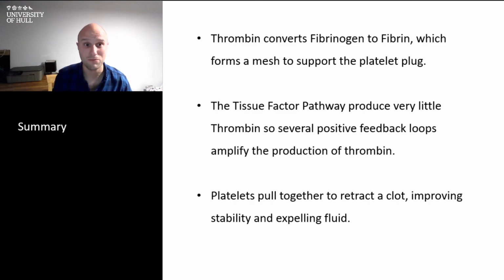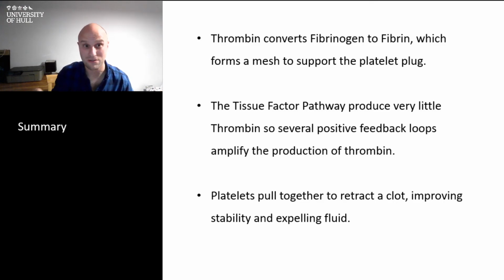So in summary, we've covered a lot of ground there. You'll recall that thrombin converts fibrinogen to fibrin, and that forms the mesh that supports the platelet plug and turns it into a clot. Now, we need lots of thrombin, but there's only a little bit of thrombin produced by the tissue factor pathway, which is the extrinsic pathway, which is very, very fast and occurs when you have injury to the blood vessel.